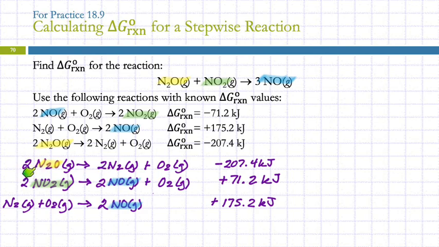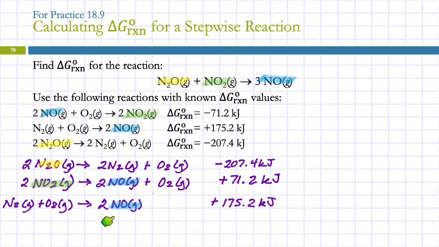I'm going to end up with 2 of these and 2 of those, and I only want 1 of each of those. So we could multiply things so that the O's and the N's cancel out, or we can selectively divide things. We'll end up dividing at the end if we do it the other way. So I'm just going to do it in the shortest number of steps.